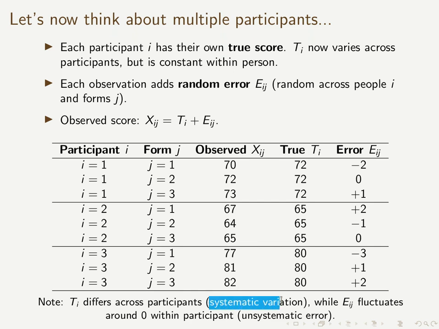So there is now a source of systematic variation that is going to be individual dependent. And there's still going to be this unsystematic error denoted by our error term E, which is just random. It's just measurement error. It doesn't depend on the participant. It just occurs and leads us to either overestimate or underestimate our participant scores across measurements.